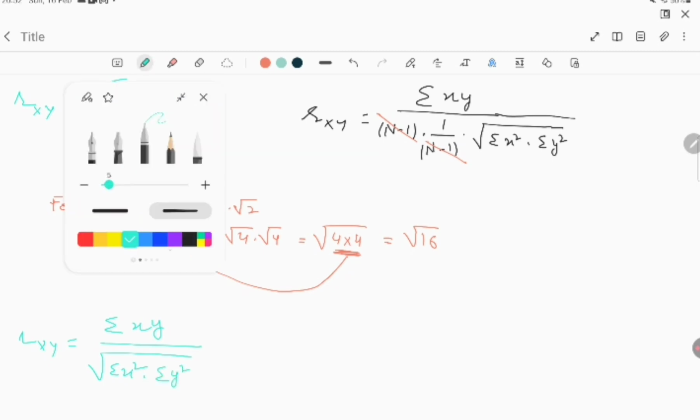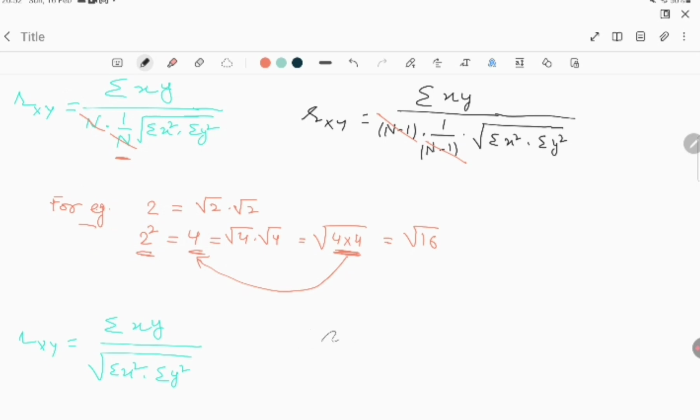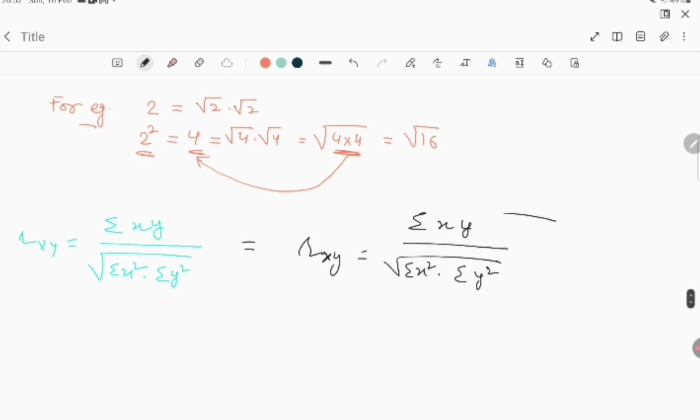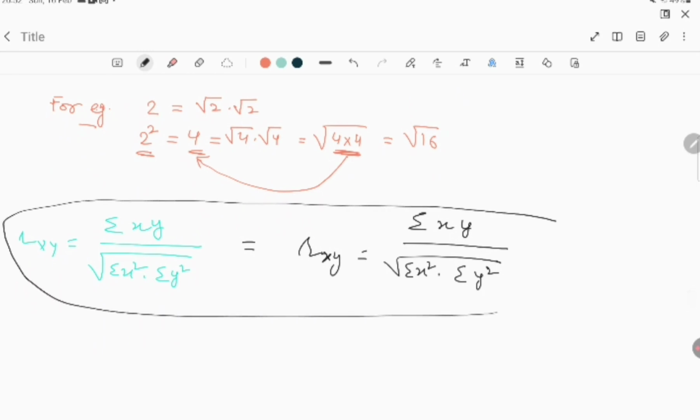Same with the sample: r xy is equal to summation xy divided by the under root of summation x squared into summation y squared. Both sample correlation and population correlation are equal. I hope it's clear now.